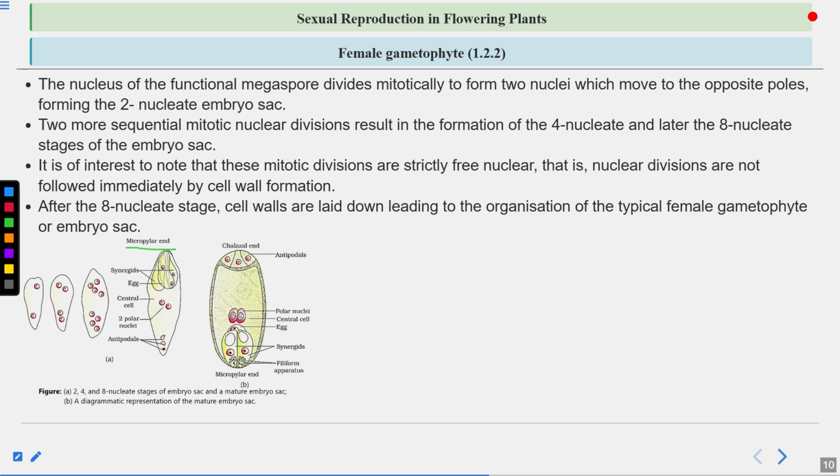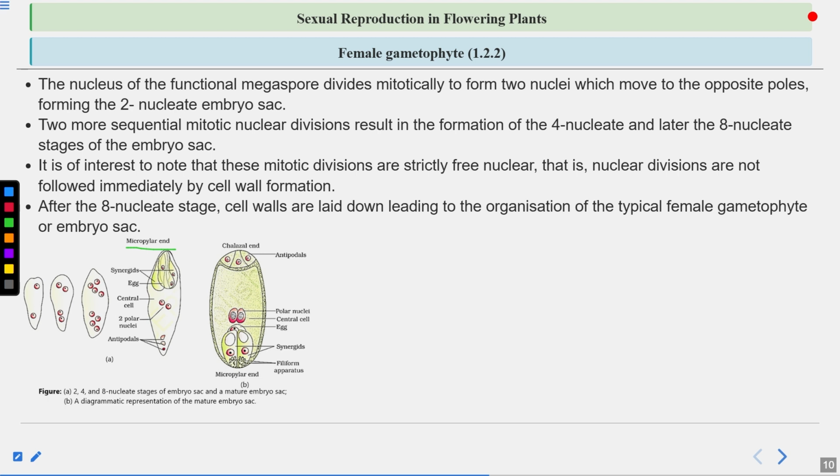Anyone? The central cell, which contains the polar nuclei, two polar nuclei. See, after the second fertilization, which is also called triple fusion. The first fertilization is called syngamy, and the second fertilization is between the two polar nuclei and one male nucleus. So that leads to the triple fusion.